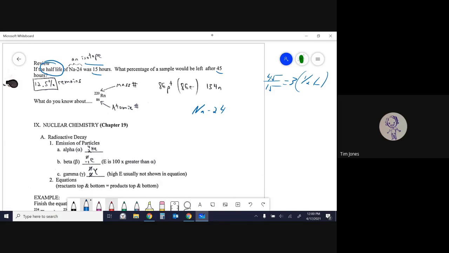So if you take 100% and cut it and cut it and cut it 3 times, first cut goes from 100 to 50%, then to 25, then to 12.5%. And that's how we get the answer, is how much of the original sodium 24 isotope remains.